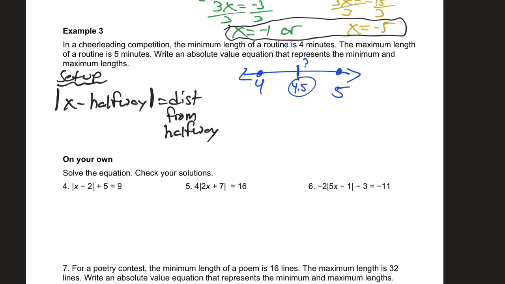So we need to know that. And then we need to figure out this distance right here. What's that distance? So here's how we write our equation. We're going to write absolute value of x minus 4.5 equals, that distance here is 0.5.